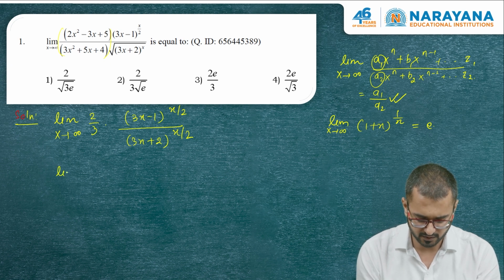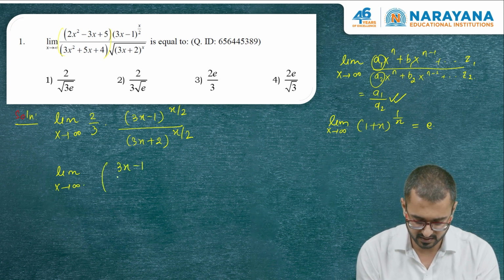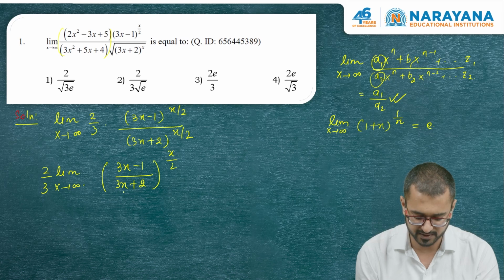For this we'll divide by 3 first, so we can take 3 common, and then it's like this: 3x − 1, with the 2/3 taken out, and then again (3x + 2) to the power x/2.